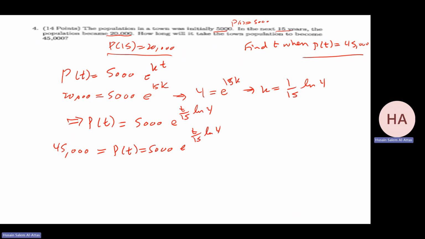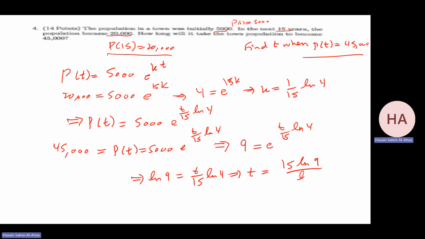Divide by 5,000, I have 9. 45 over 5 is 9. So 9 equal e^(T over 15 ln 4). Take ln, I have ln 9 equal T over 15 ln 4. So T will be 15 ln 9 over ln 4, which we just leave as this.